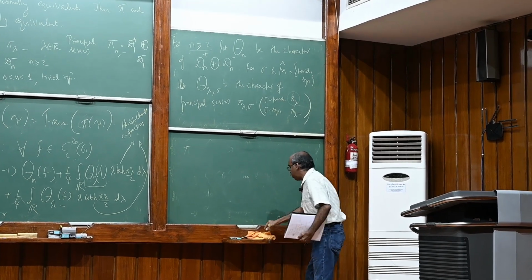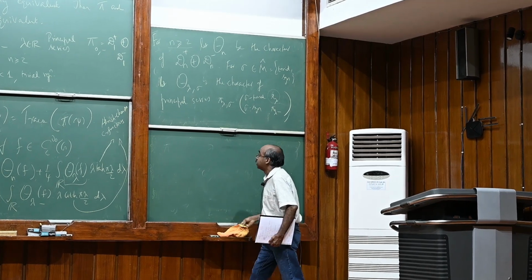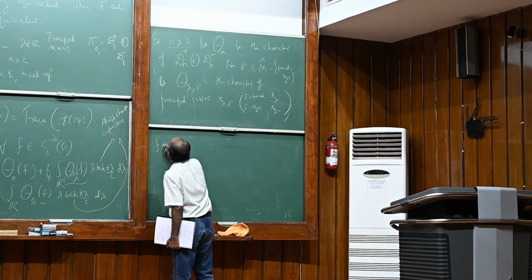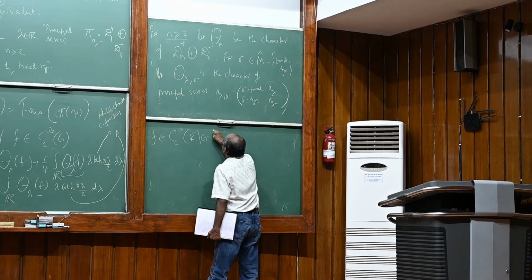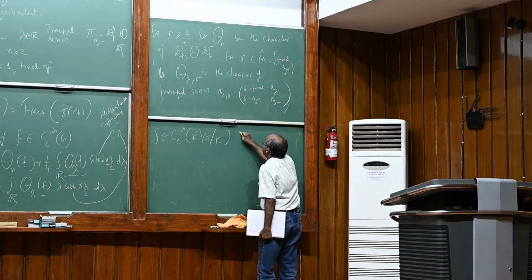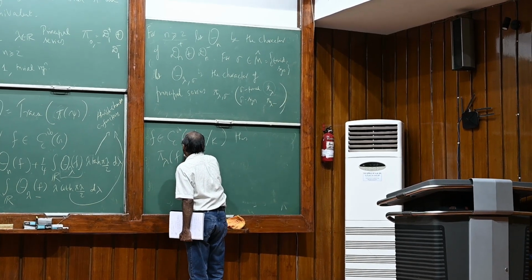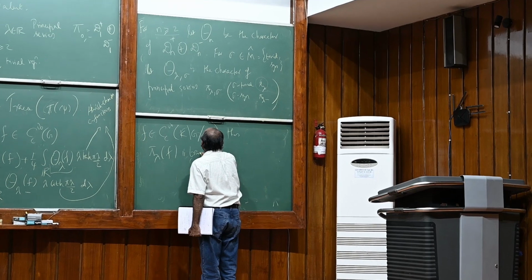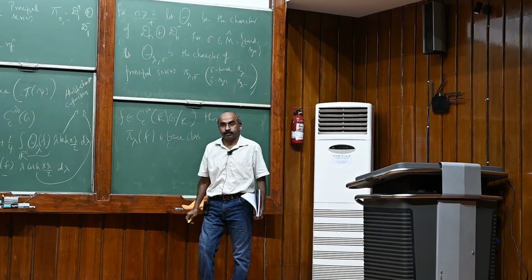Now, we'll compute the trace of the trace class operator pi lambda phi, right? So if f is in C_c infinity, then pi lambda f is a trace class operator. I want to compute this operator's trace.